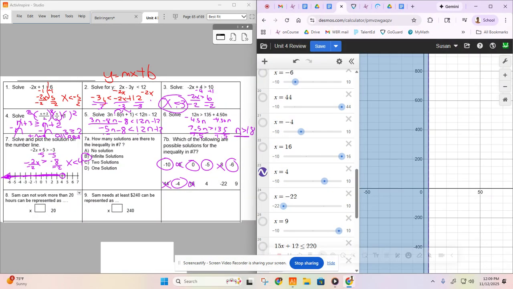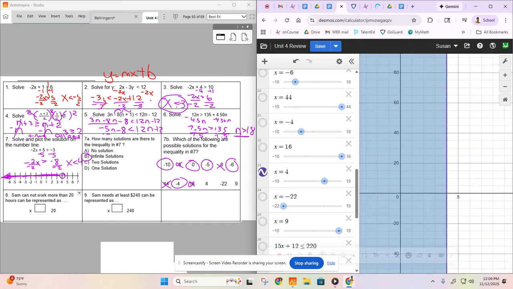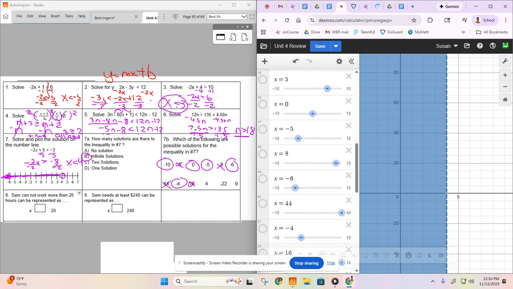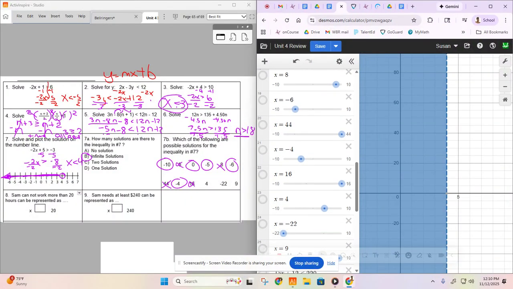X equals 4. X equals 4 is actually on the line, but because the line is dashed, that means we can't have those points as solutions. This is not a solution because that makes it have a solid line.